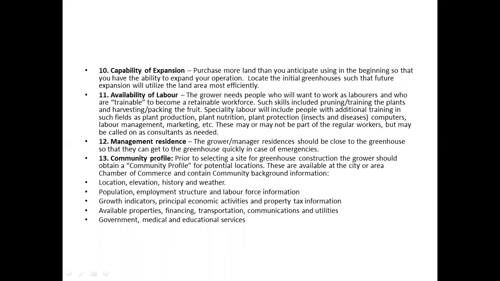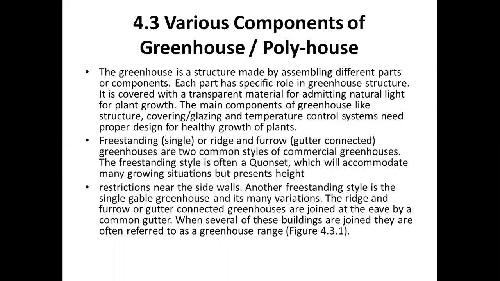Okay, next is various components of greenhouse, polyhouse. The greenhouse is a structure made by assembling different parts or components. Each part has a specific role in the greenhouse structure. It is covered with a transparent material for admitting natural light for plant growth. The main components of a greenhouse-like structure, covering, glazing, and temperature control systems, need proper design for healthy growth of plants. Freestanding or ridge and furrow gutter-connected greenhouses are two common styles of commercial greenhouses.